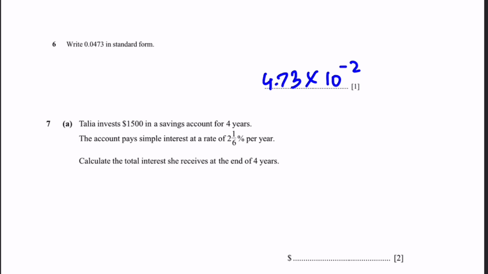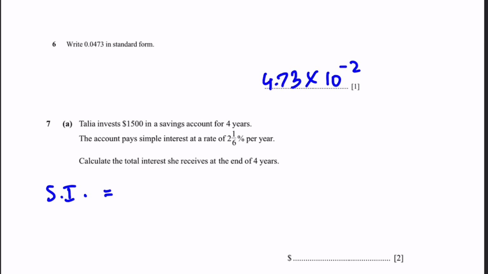Question 7, A. Talia invests $1,500 in a savings account for 4 years. The account pays simple interest at a rate of 2 1/6% per year. Calculate the total interest she receives at the end of 4 years. Well, we can use the simple interest formula to solve this directly.